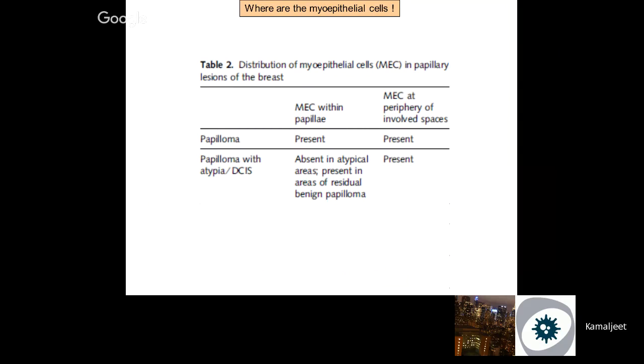So what we have talked about so far is where do you look for myoepithelial cells in a papilloma, and how to call it ADH and DCIS. Myoepithelial cells have to be present at the periphery, and they will be present in the papillary cores in a papilloma, and they will be absent in the papillary cores in ADH or DCIS in a papilloma.